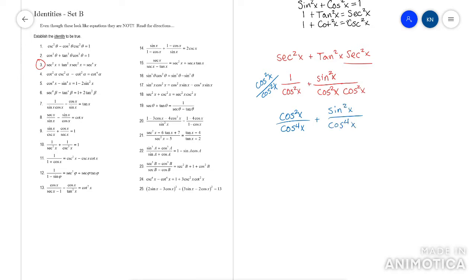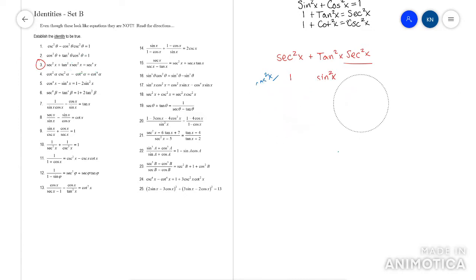Now I could combine these numerators, and this is going to be rule 1. So this just turns into 1 on top and cosine 4 on bottom. And then you can pull this cosine 4 to the top and just call it secant 4, which is what I wanted. So I would be done there.